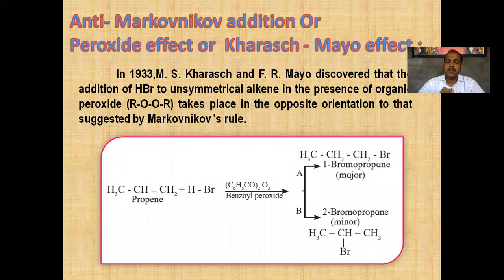Now look, the reaction mechanism of this type of reaction involves formation of free radicals. Here benzoyl peroxide is used. Firstly, a phenyl radical is obtained. This phenyl radical cleaves HBr and a bromine free radical is obtained.